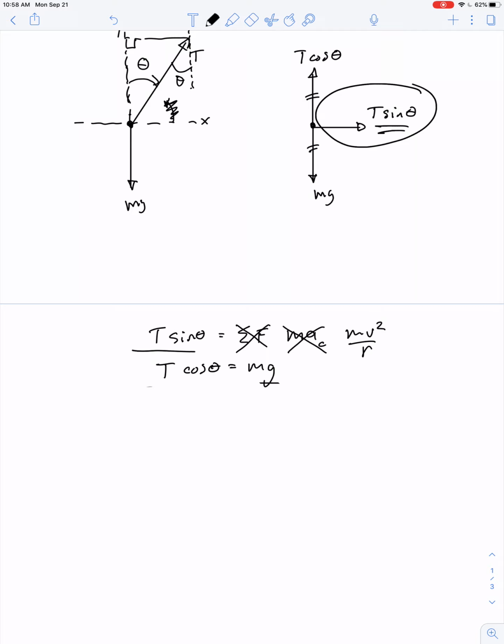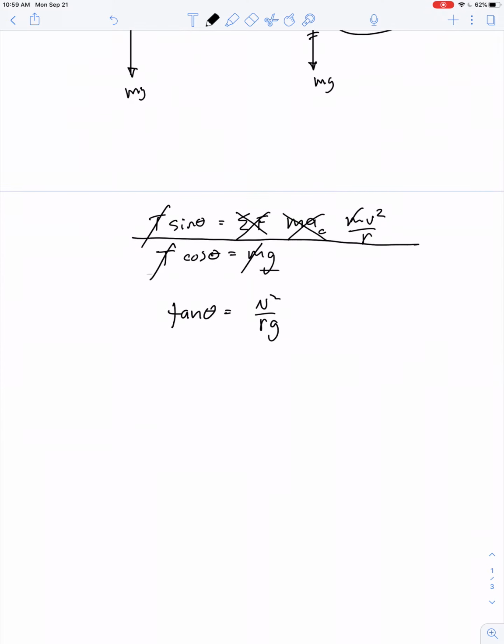If we divide this way, T cancels out, and sine over cosine is tangent theta. And we divide the right side of the equation, m cancels out, and we're left with v squared over rg. So v would be the square root of rg tangent theta.